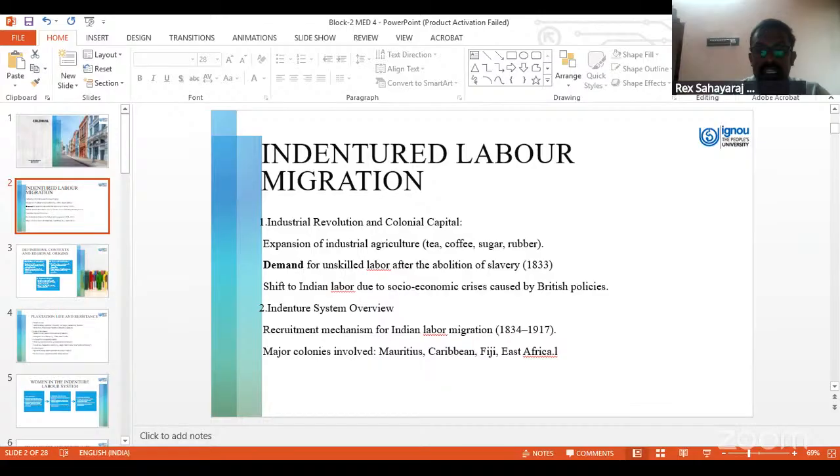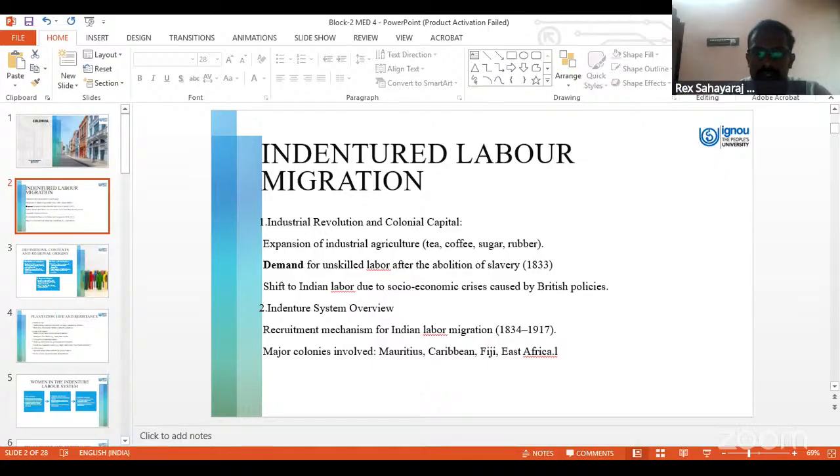They needed unskilled labor in tea plantations, coffee and sugarcane plantations, and the rubber industry. So this led to the shift of Indian labor due to the socio-economic crisis caused by British policies. So there is an economic crisis. People are under poverty or not able to have a good food system and everything. So there is a socio-economic crisis that is happening in India. That forced the Indian labor to shift also, and the British government made use of that.